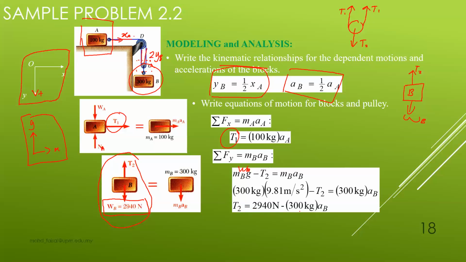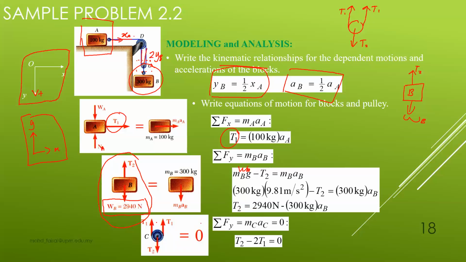Now you have this equation. This is what I have drawn up here, the same thing, that is equal to 0. And the summation of Fy for this particular point at C of this pulley, this is the formula that we can derive.